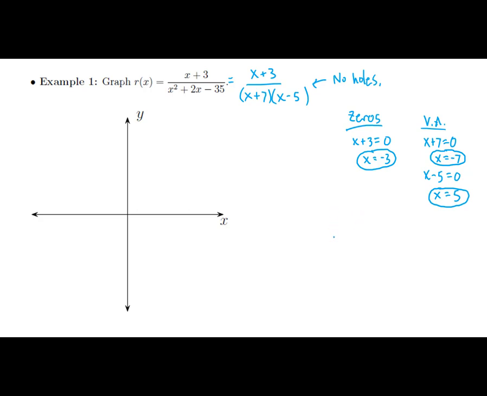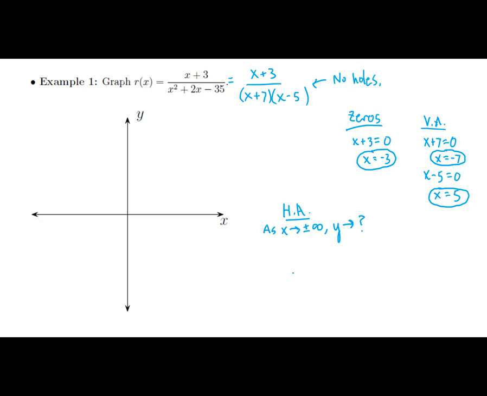All right, so two other things we want to do now. The first is to think about horizontal asymptotes, right? The long-run behavior. So for horizontal asymptotes we want to know, as x goes to plus or minus infinity, y goes to what?